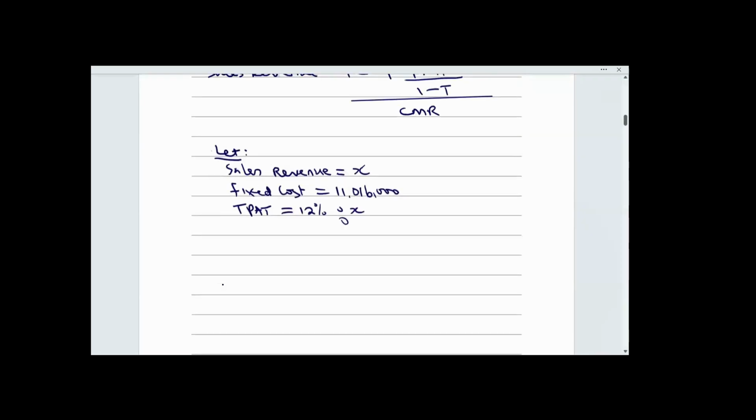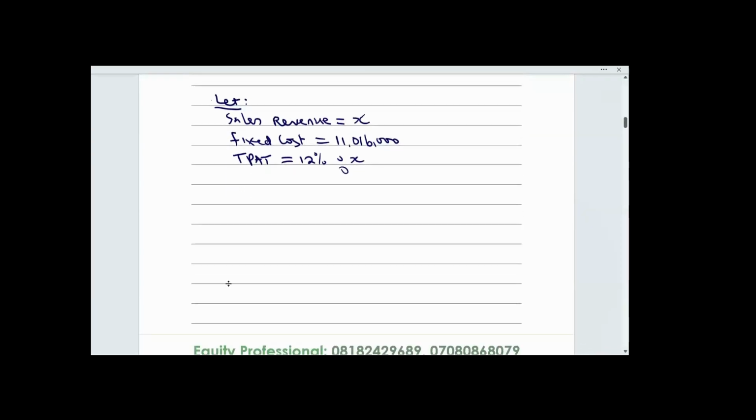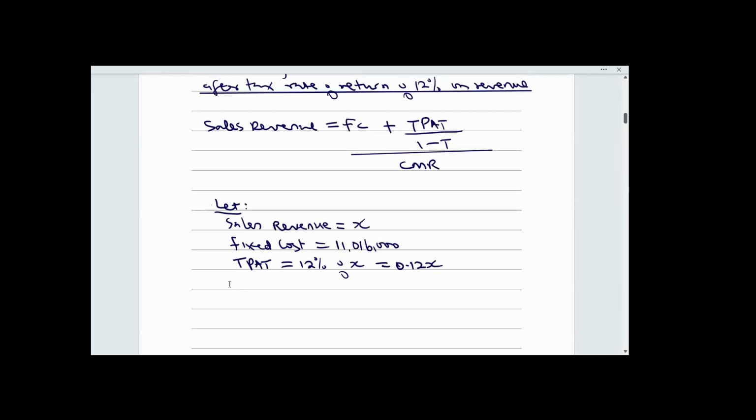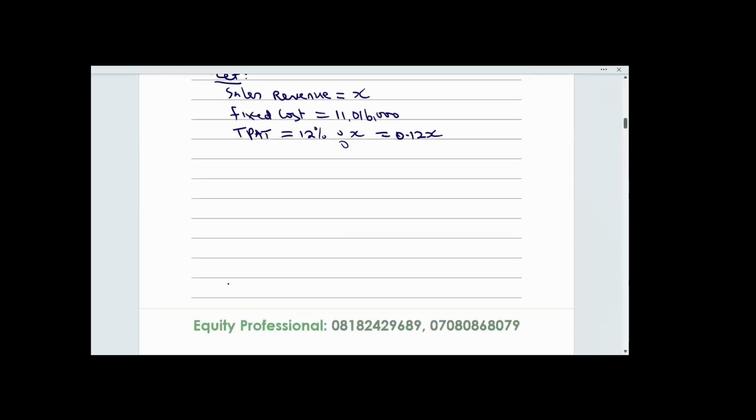We don't know the revenue. Our revenue is X. Therefore, 12% of X is the same thing as 0.12X. Then 1 minus tax. We are told that the tax rate is 40%. So 1 minus tax equals 1 minus 0.40.